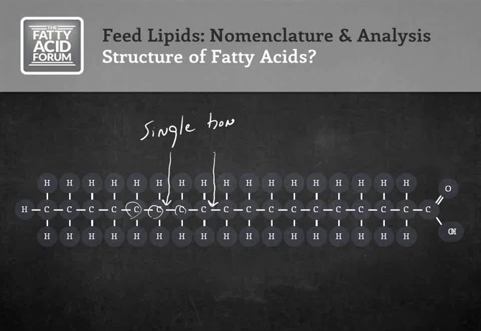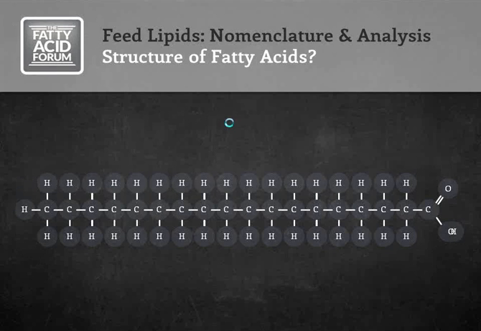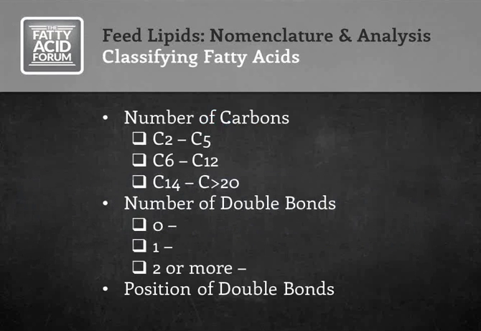Now, the single lines that are shown here connecting all the carbon links are called single bonds. The fatty acid has an acid end that biochemists draw in this fashion, and it has a methyl end drawn in this fashion. And then there are different lengths of carbon in between connected by these bonds.